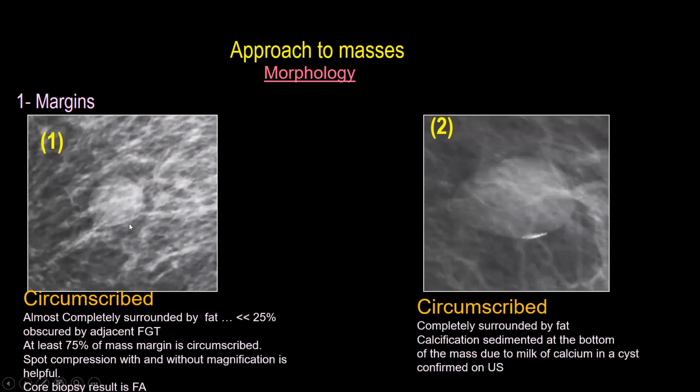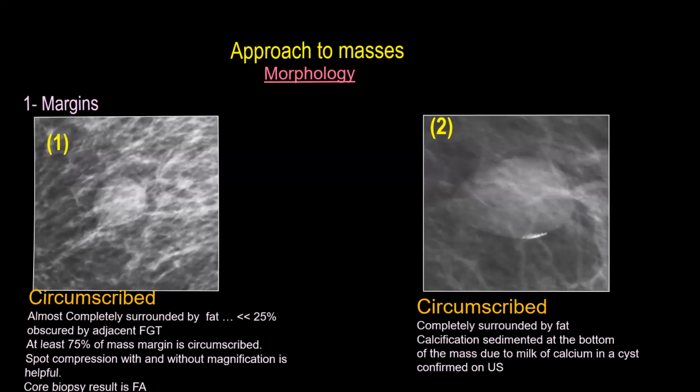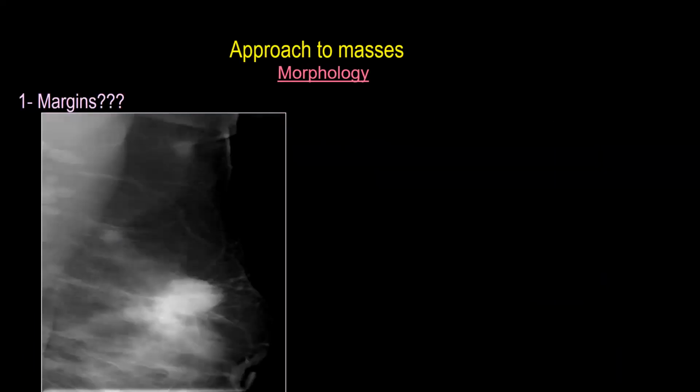And this one was a fibroadenoma. So both are circumscribed. Margin only. Straightforward, this one.